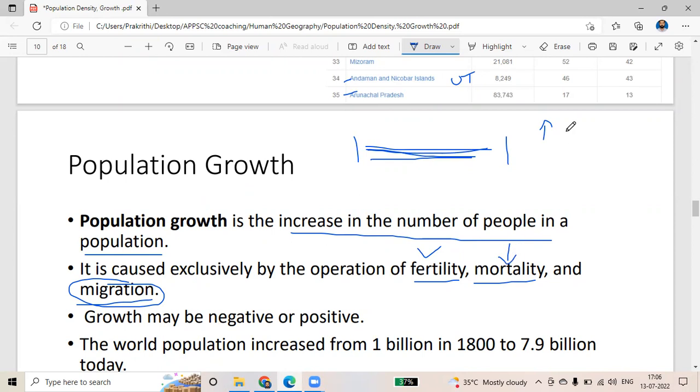Because of this, there will be an increase in population. If I am saying the population is decreasing, what does it mean? Fertility rate has decreased and mortality rate is high. Other than this, mortality rate is stable, no change, but fertility rate has decreased. Then also there is negative growth.